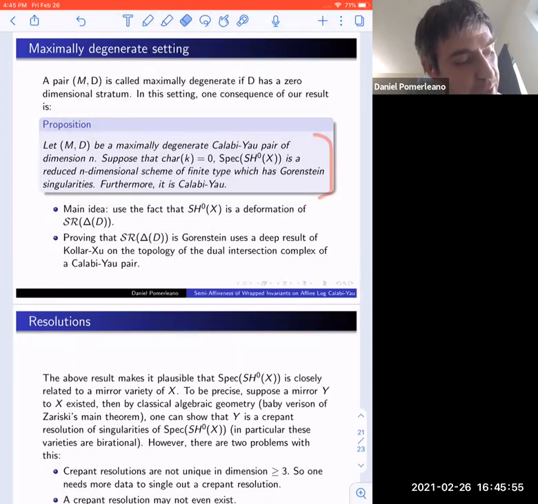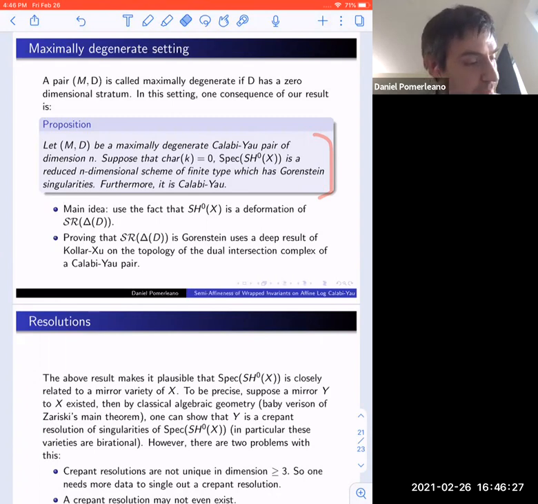Whenever you have a simplicial complex with those two properties, you obtain that the corresponding Stanley-Reisner ring is Gorenstein, and since the property of being Gorenstein passes to positively filtered deformations, you get that SH naught is Gorenstein as well.